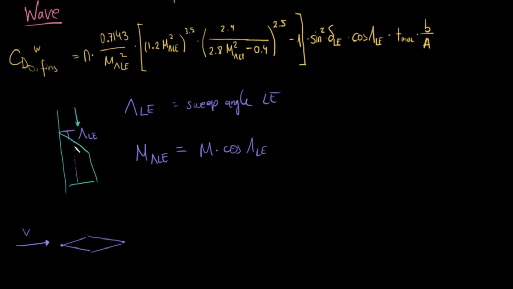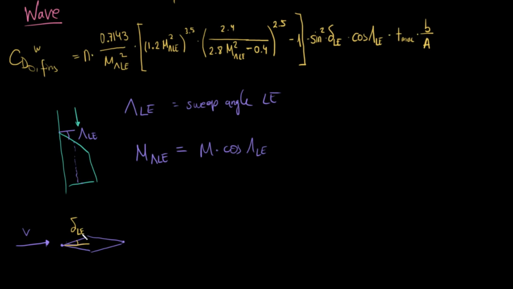Let's get another color. This angle here, small delta leading edge, is the angle from this horizontal to here.